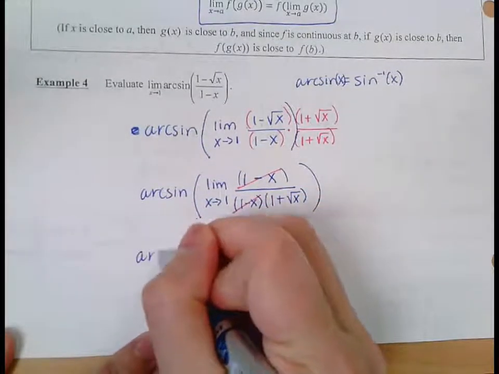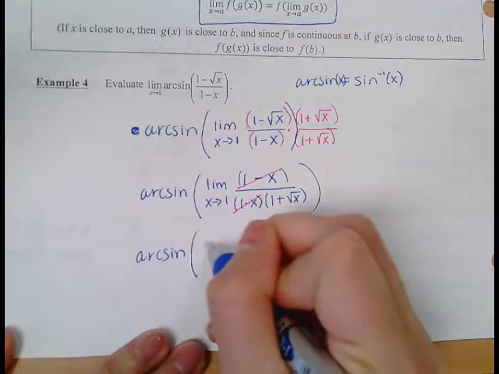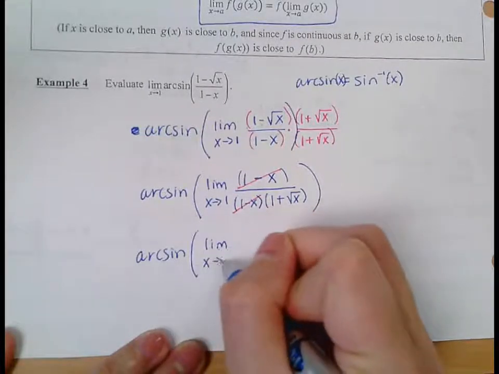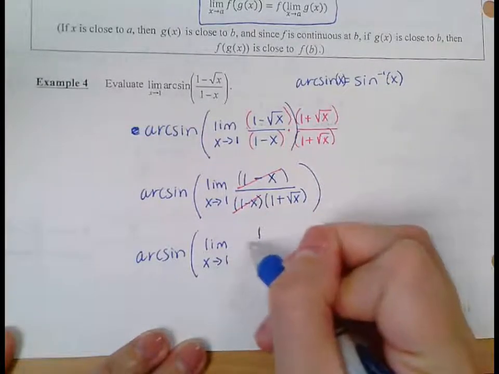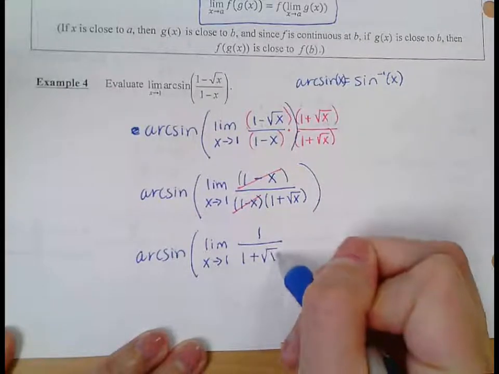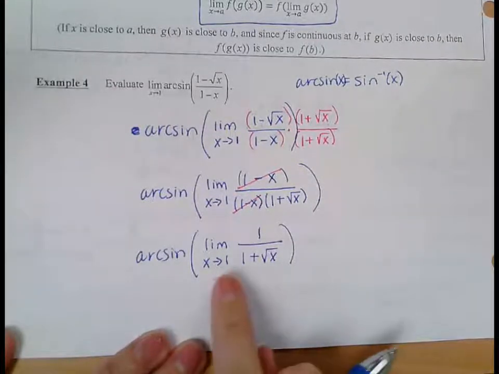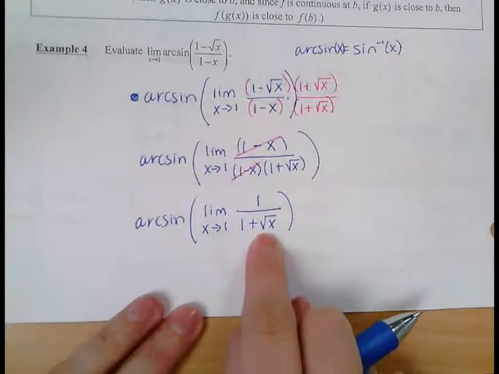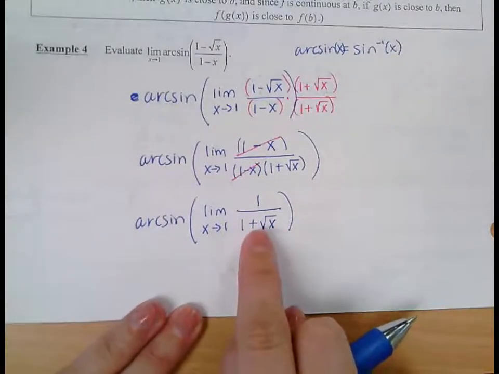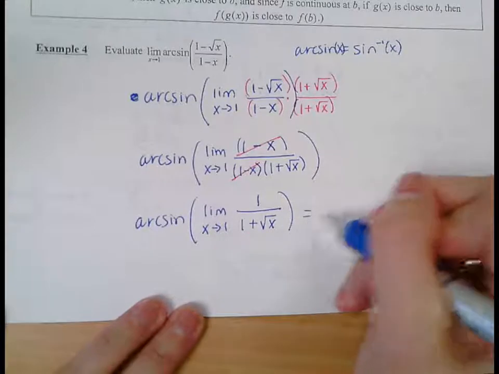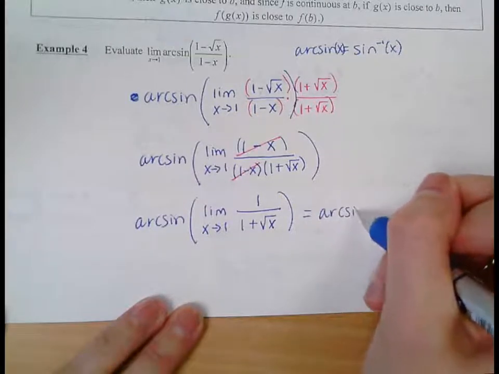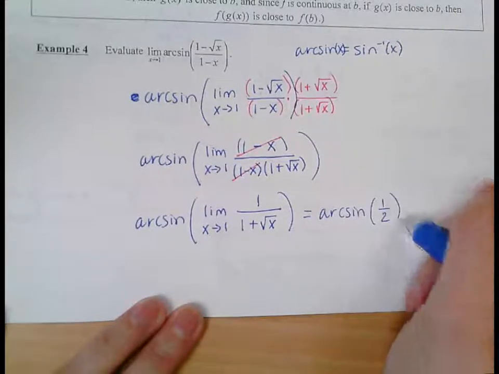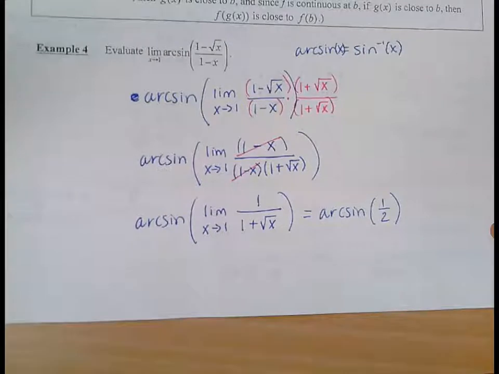So I have arc sine of the limit as x approaches 1 of 1 over 1 plus square root x, which now I can substitute the 1 in for x to get 1 over 1 plus 1, so 1 half. So this is arc sine of 1 half, or inverse sine of 1 half.